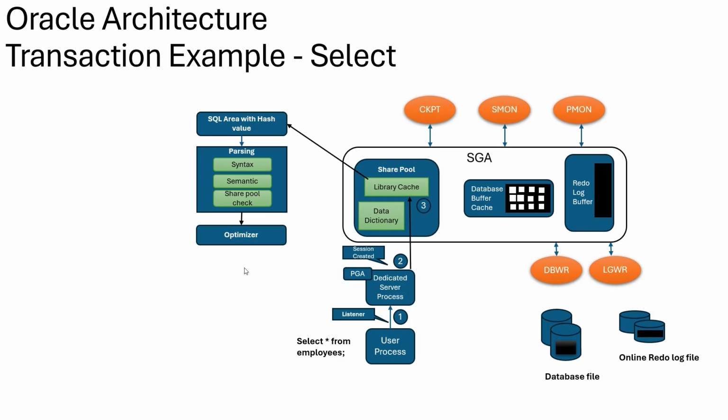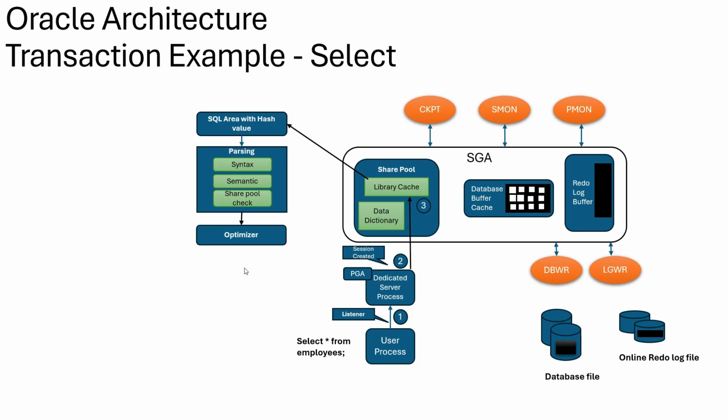It will read the SQL statement and generate the execution plans of the query. So this optimizer will generate multiple execution plans during parsing. The server process will pick the best and cost effective execution plan out of the multiple execution plans it created.